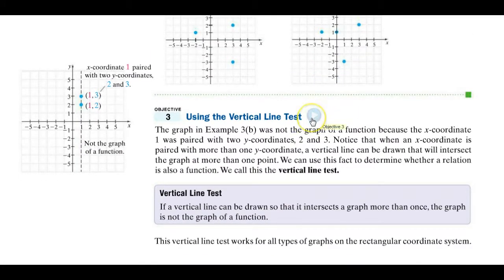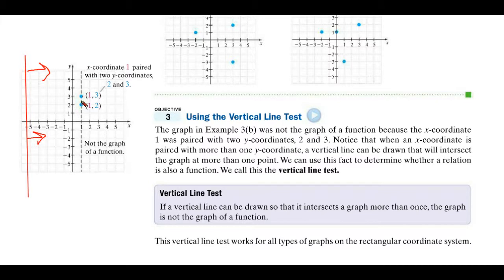Now, we also have another tool that's called the vertical line test. So what I'm going to do is have a vertical line, this red line here, that I'm going to move over the face of the graph. Now as I move that red line over the face of the graph, right over here, which is now the dotted line, it intersects there and there.